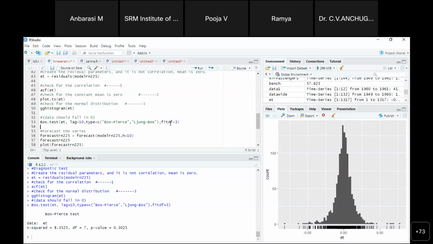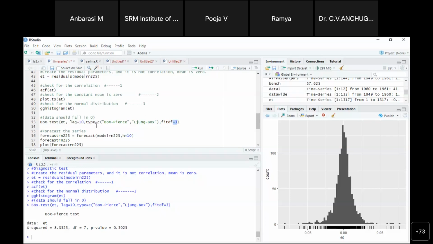How did we get this 3? It's a combination of AR, which is 2, and moving average, which is 1. Both together we add and we get 3.